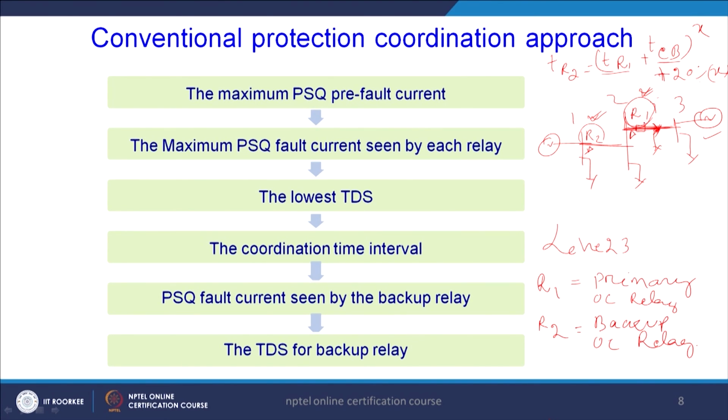In that case, this relay R1 will not see the fault in the same way if any fault occurs here. This relay R1 will see some different current. That means the setting of the relay is going to be changed, maybe for R1 and R2. So, today this much, we will discuss in the next class. Thank you so much.